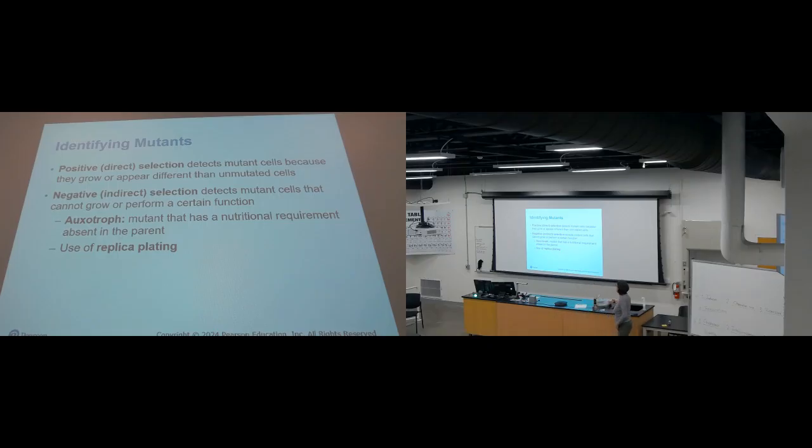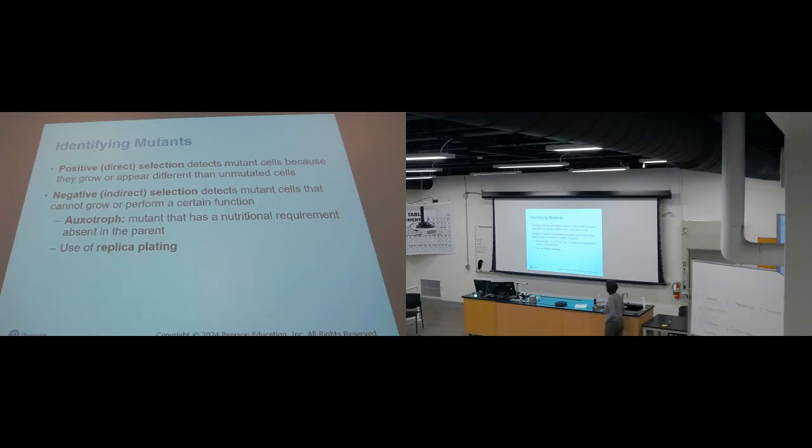So that's positive selection. Now in negative, you detect the mutant cells that cannot grow or perform a certain function. Well, if you know that you have a mutation that affects the ability for bacteria to use lactose, you can try to grow the bacteria in a lactose-rich media, and then you will be selecting for the ones that do not grow there, because that's an indirect way. And then we have an example here of auxotrophs.